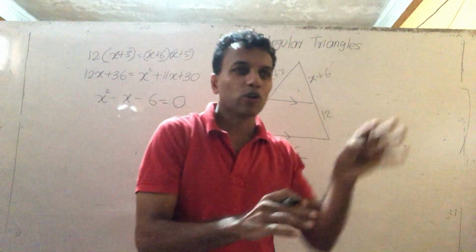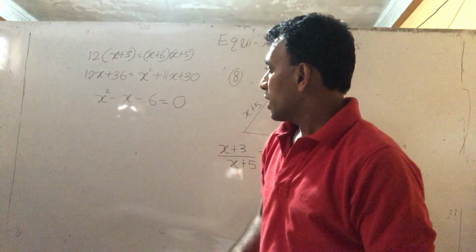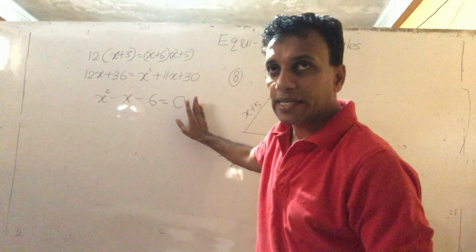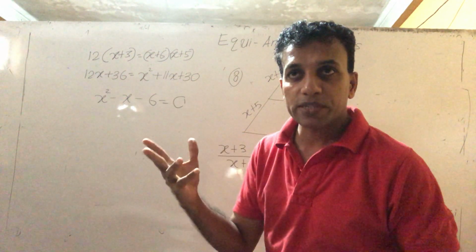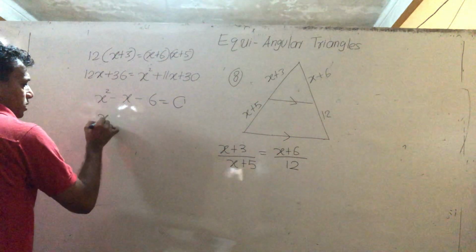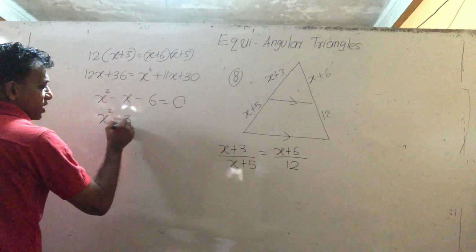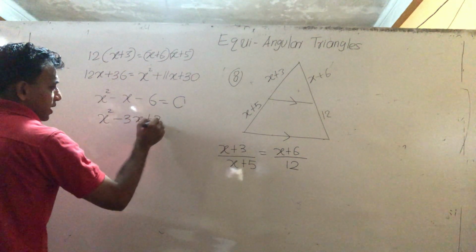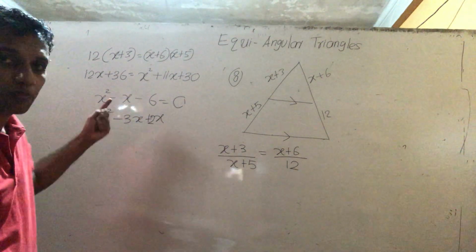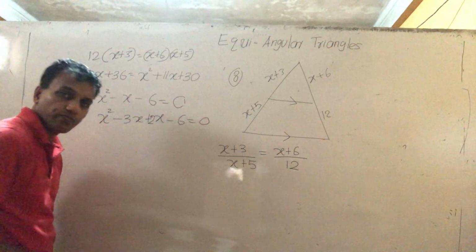Take everything to one side and put 0 on the other side. Grade 10 factorization idea: what are the factors? Multiply to 6, 2 and 3. So x square minus 3x plus 2x minus 6 equals 0.